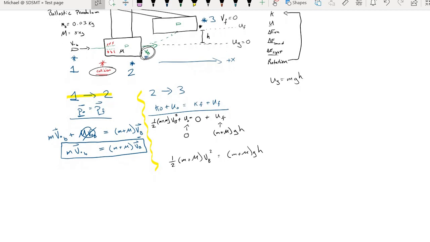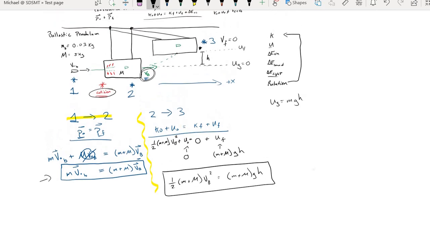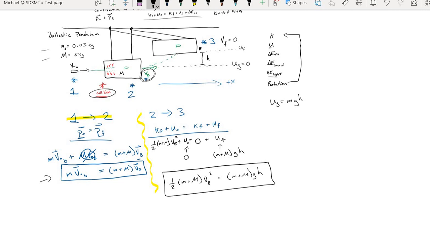All right, so we've got our two equations. We have our conservation of energy during the swing, and we have our conservation of momentum during the collision. The only thing that we know at this point is the two masses of the bullet and the block. And after we get this little experiment set up and we fire the bullet into the block, we should be able to measure just how high the block swings.